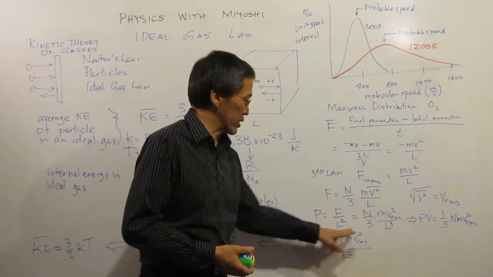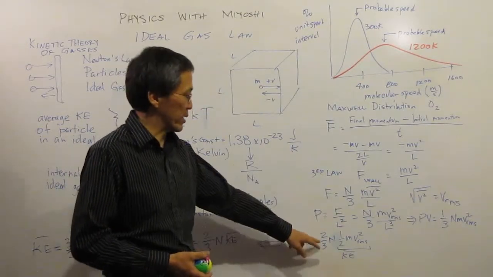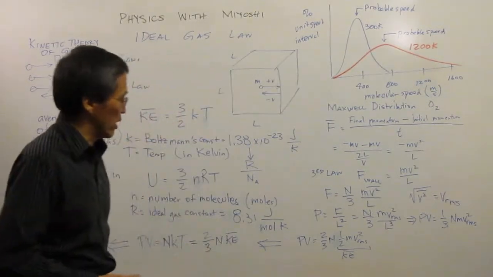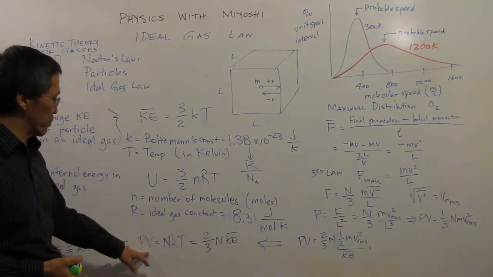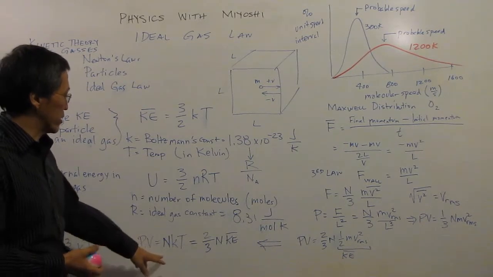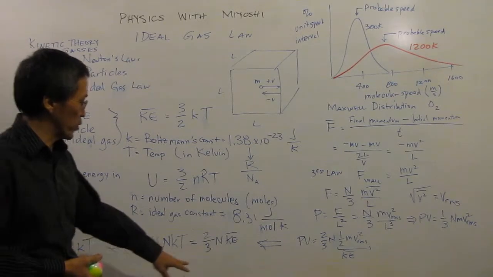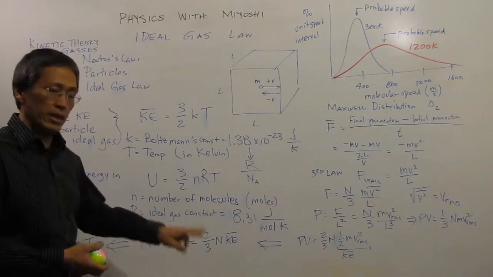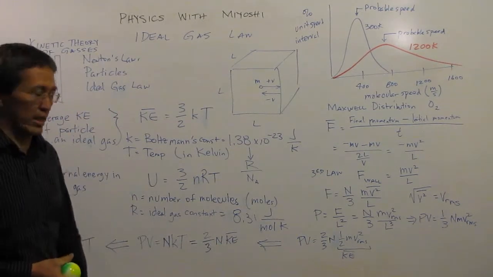So if I take the average kinetic energy of a single particle, multiply that by my number of particles, and multiply that by 2/3, I'll get my pressure times volume. So, what does that have to do with anything? Well, if I think back to PV is NkT, which is our ideal gas formula, then that's equal to this still. So now I have N times k times T equals 2/3 N times the average kinetic energy.